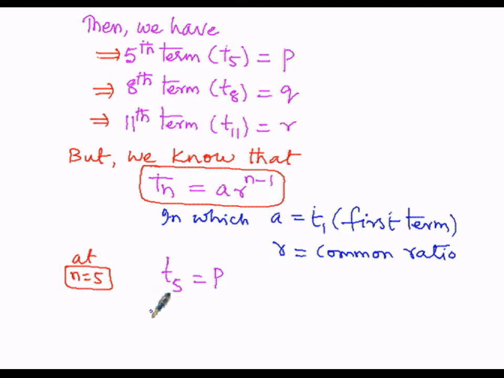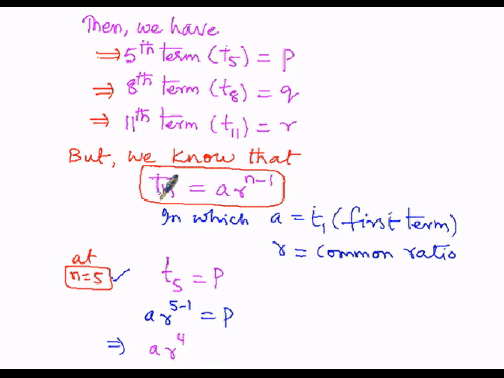So we can write it as a r to the power of 5 minus 1 is equal to P. So that implies a r to the power of 5 minus 1, which is 4.